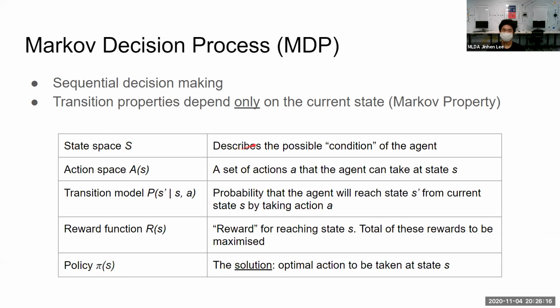State space is the set of all possible conditions or states of the agent. For a self-driving car, it could be doing well, almost an accident, or crash.